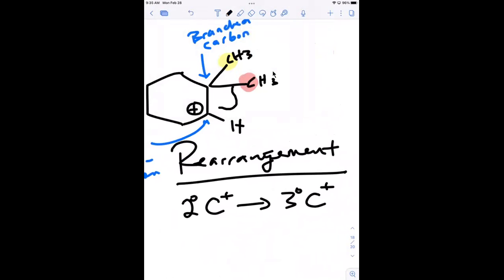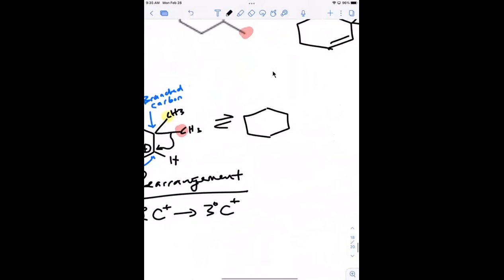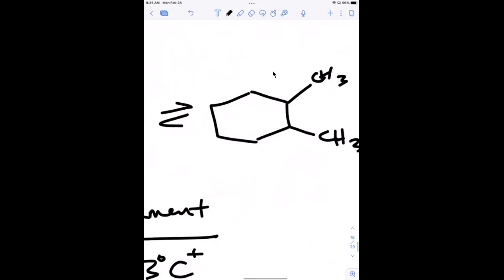I'm shifting this whole bond to here, which is going to give me an intermediate that looks like this. Well, now this is positive, and the hydrogen here now becomes my alpha proton.